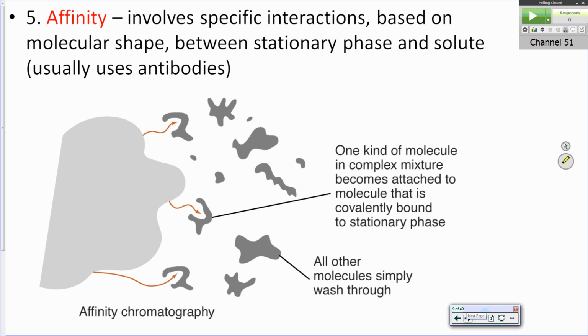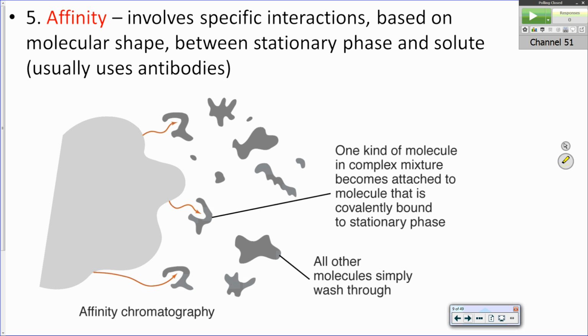Now, the last one that's introduced in the book a little bit is probably one of the most powerful ones today because it really lets us look at very, very specific interactions, affinity chromatography. Now we're looking at molecular shape and the same type of a lock and key mechanism that we talk about that occurs with enzymes and a substrate.